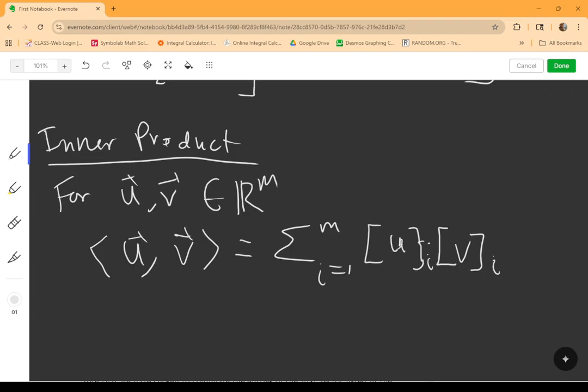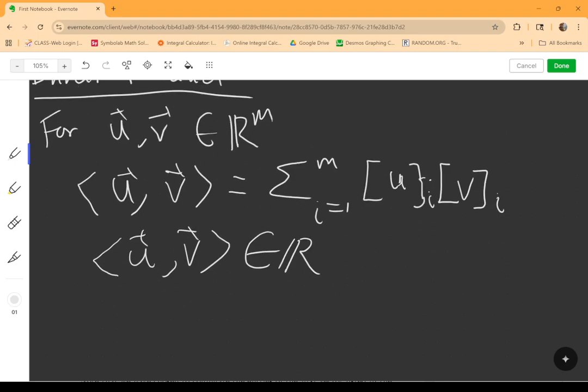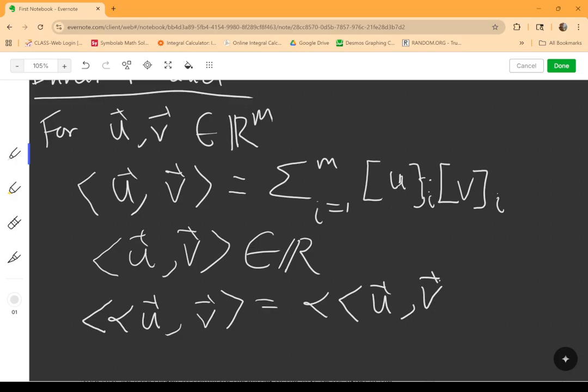It's important to realize that the inner product does not yield another vector. It yields a scalar, a real number. This inner product is properly defined with the properties of scalar multiplication. What that means is that <alpha u, v> equals alpha <u, v>.